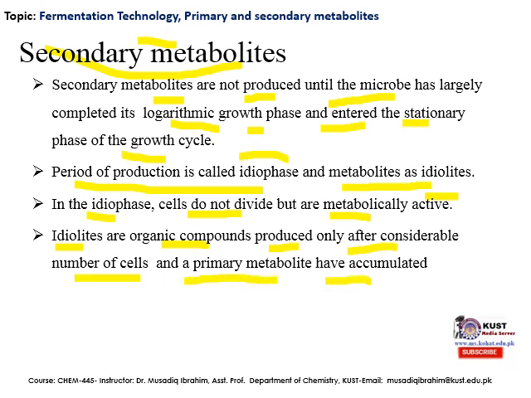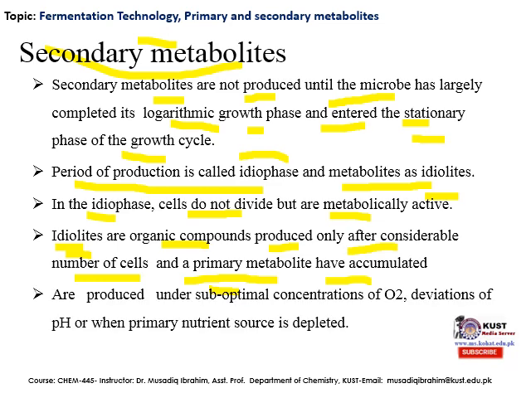So it means that when the microbial cell growth reaches the stationary phase, and there are a maximum number of microbial cells along with the maximum number of primary metabolites present within the media, then the idiolytes or secondary metabolites start to be produced.